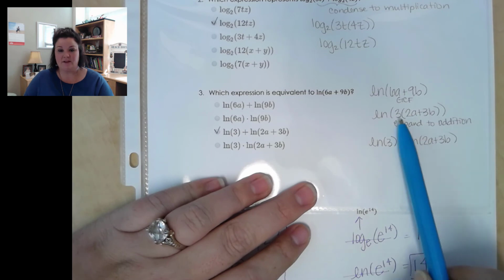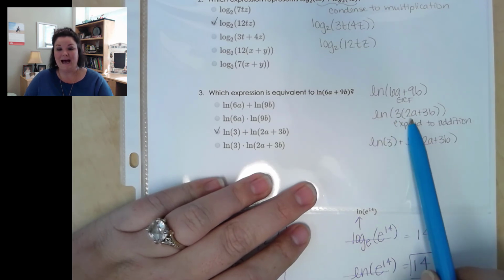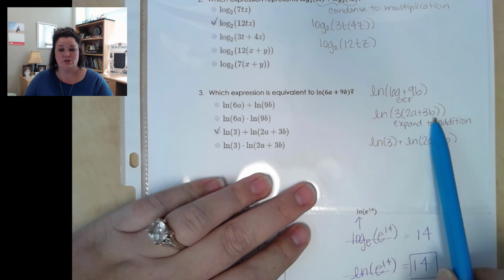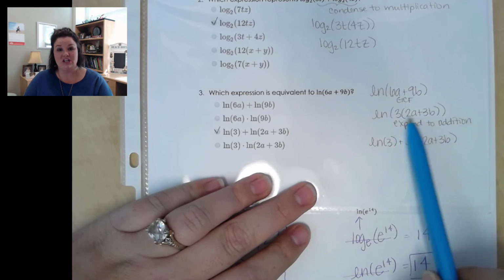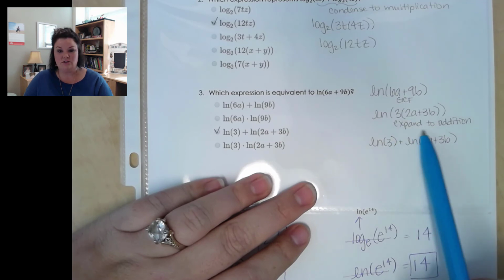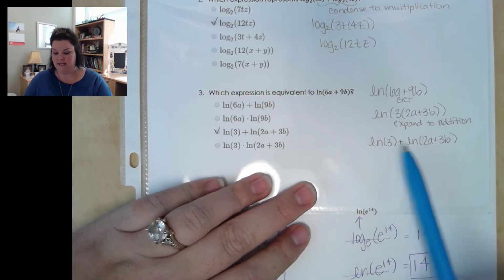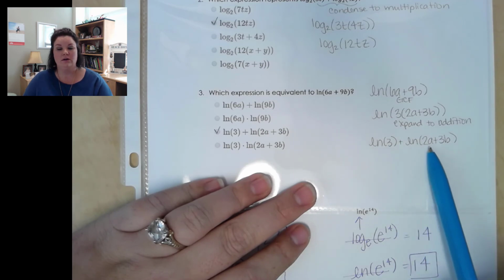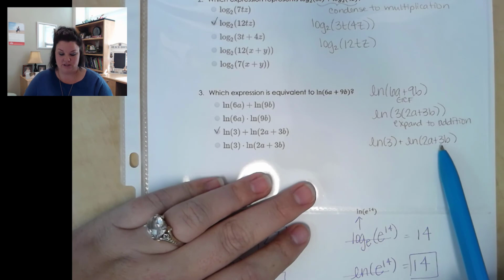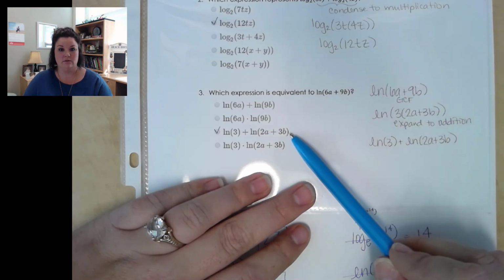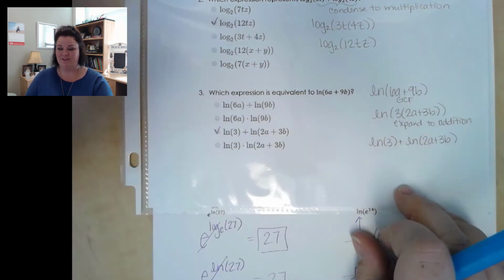I have a greatest common factor of 3, so I can write this as the natural log of 3 times that leftover quantity, which is 2a plus 3b. And now this is a multiplication, which I can expand to addition. So I'll get natural log of 3 plus natural log of 2a plus 3b, which is my third choice here. Okay, so far so good, hopefully.